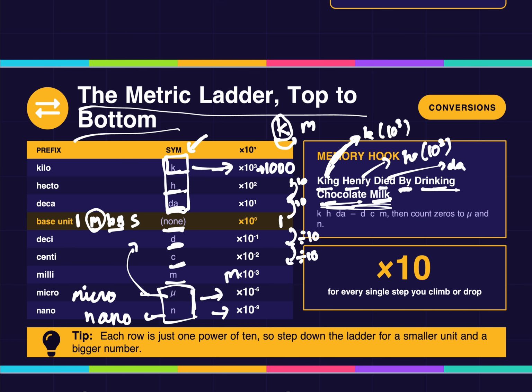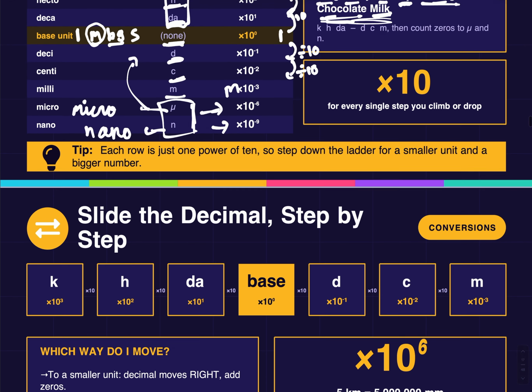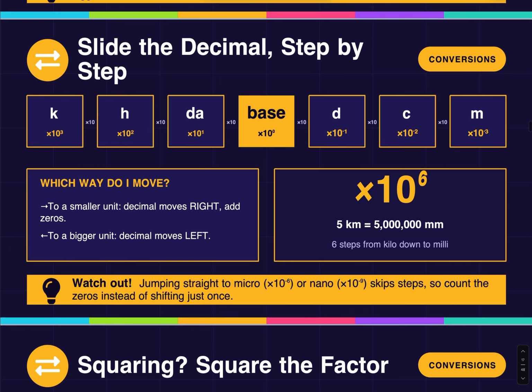Now let's go over how to convert between units. You have to slide the decimal step by step. Now, you start at the base, okay? And then if you go backward, you slide the decimal to the right. What do I mean by that?